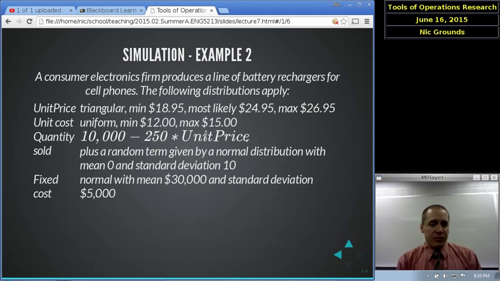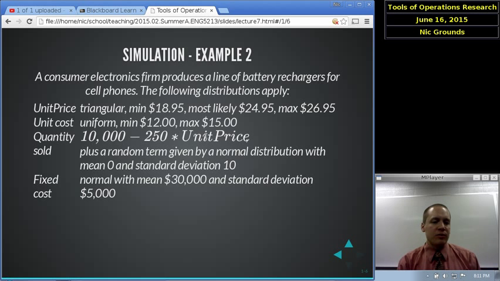That is, there's some amount of fluctuation in the market of how many battery rechargers we can sell that we just can't account for. We don't know what makes some people buy on a certain day but not another. So we'll represent that unknown uncertainty as a normal distribution with mean 0, standard deviation 10.